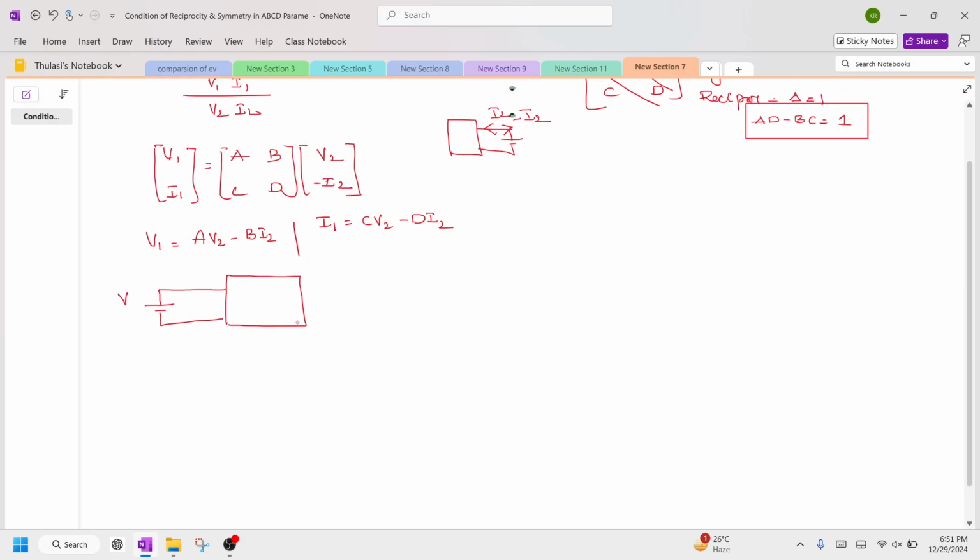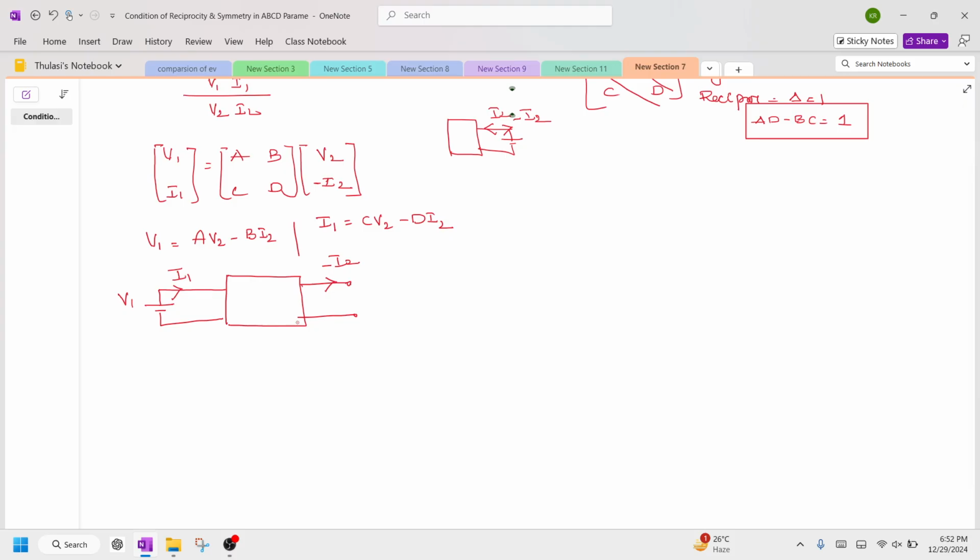The network will demand a current I1, and at the output port we have already taken the current as minus I2, therefore there's no need to reverse.